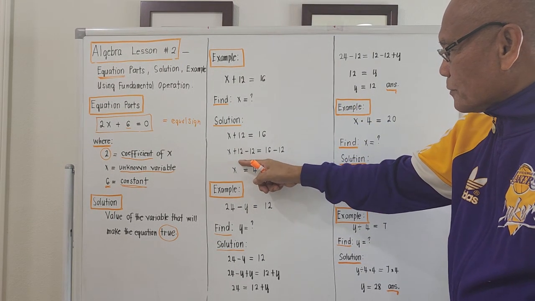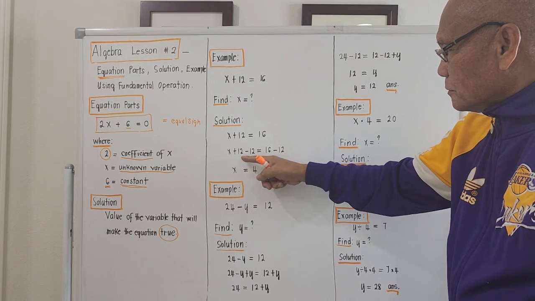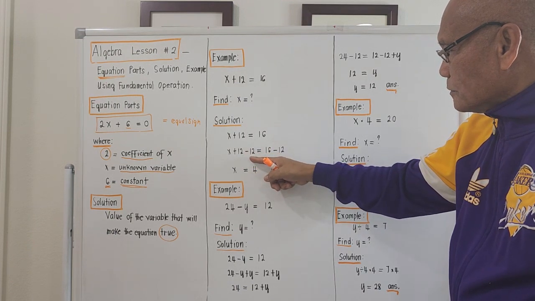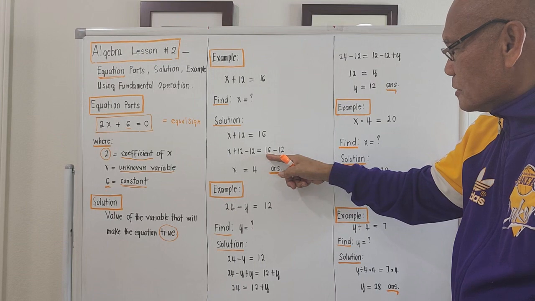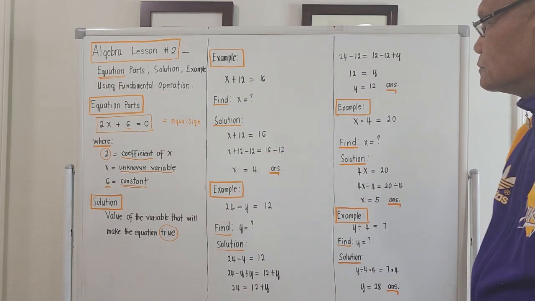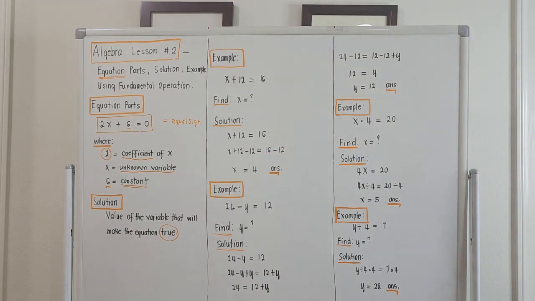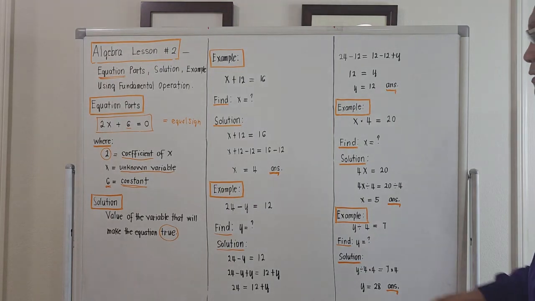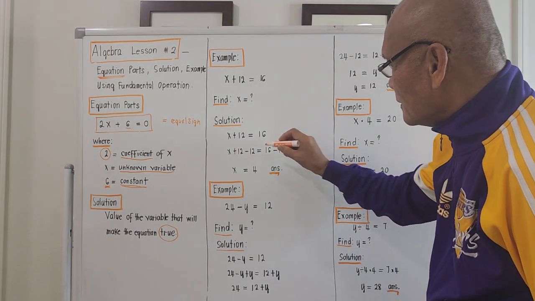x plus 12 minus 12 should be equal to 16 minus 12. Why did I subtract 12 over here?